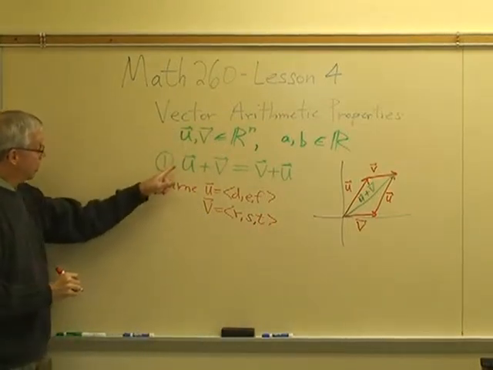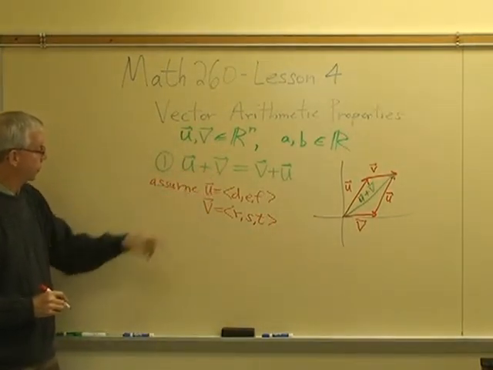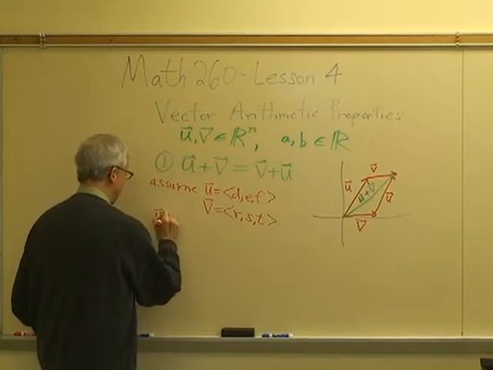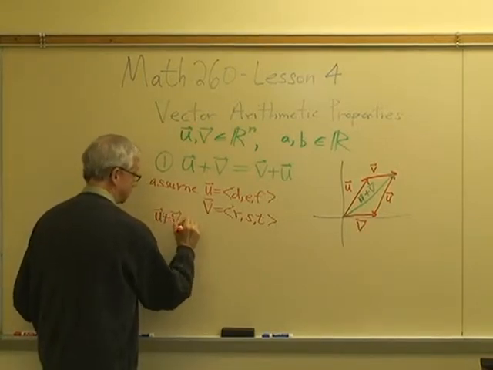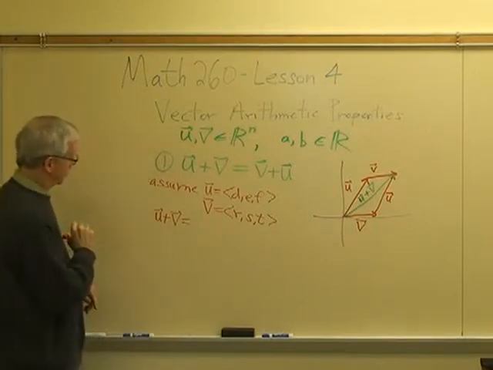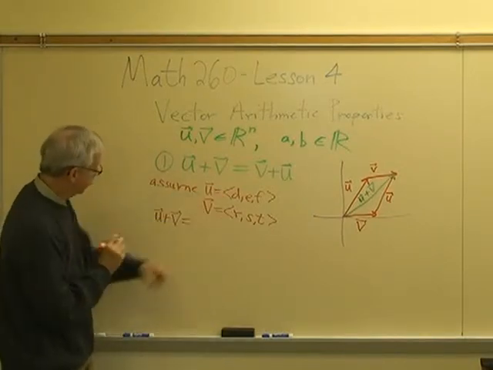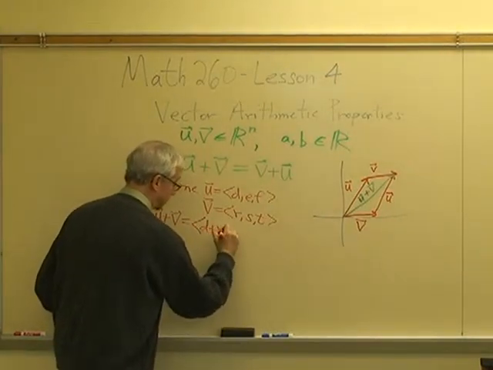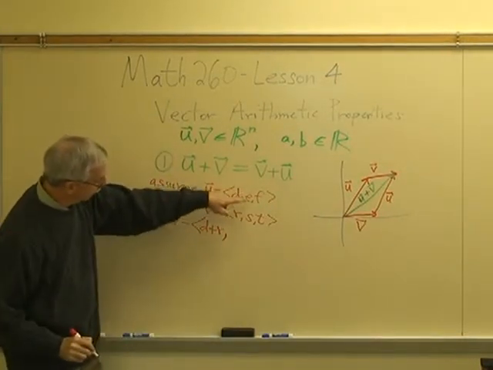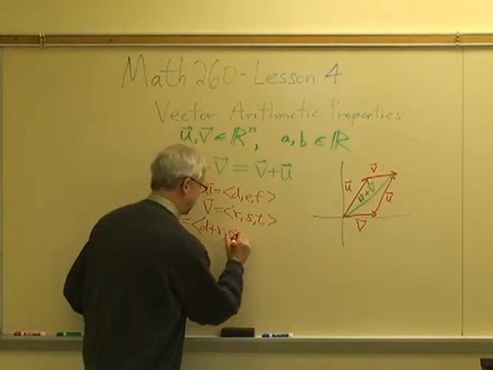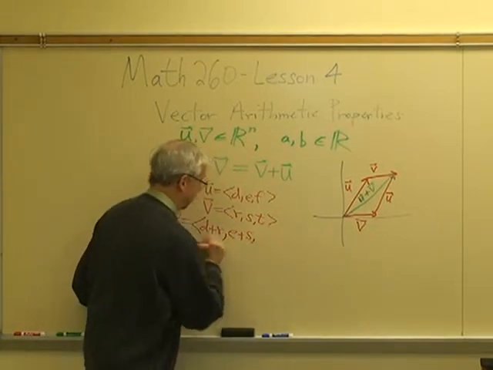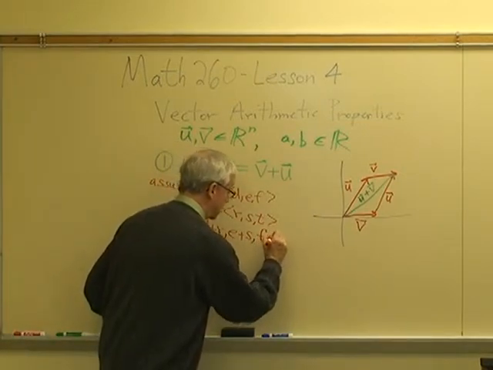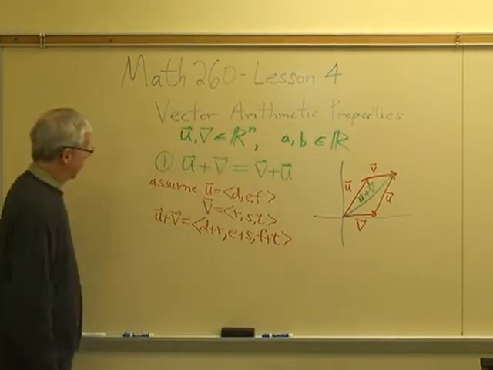Well, by my law of vector addition, what is u plus v? The first element is d plus r. The second element is e plus s. And the third element is f plus t, by my regular rules of vector addition.